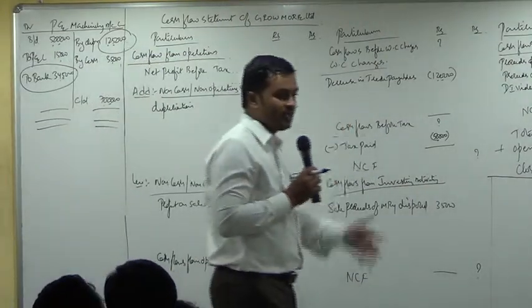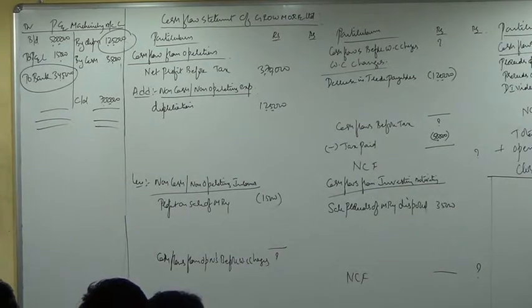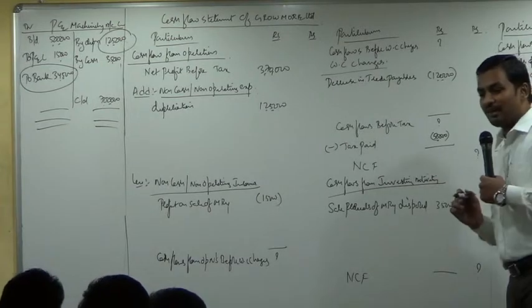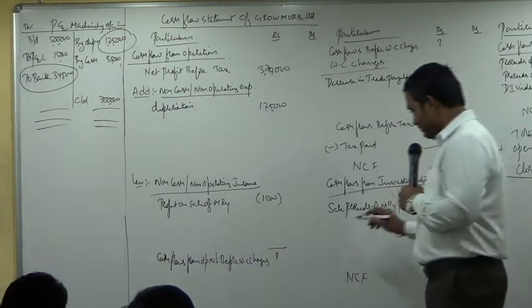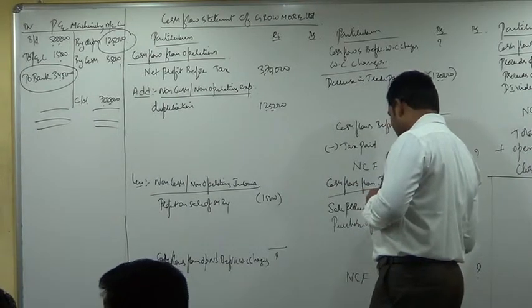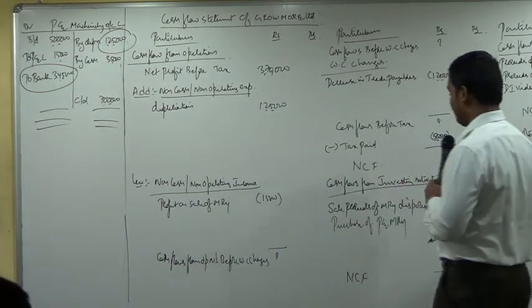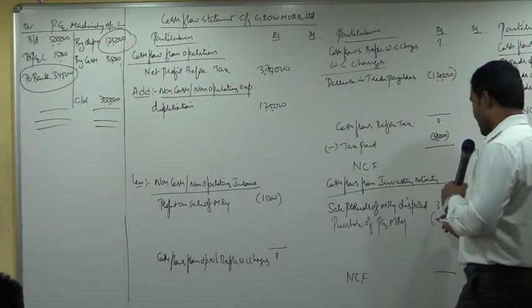That means there have been some additions. Minus 7 lakh, 3,45,000. That is the purchase. Where we show purchase of plant and machinery? Very good. Investment activity. Outflow within brackets.